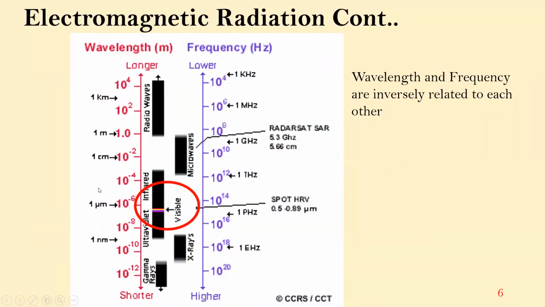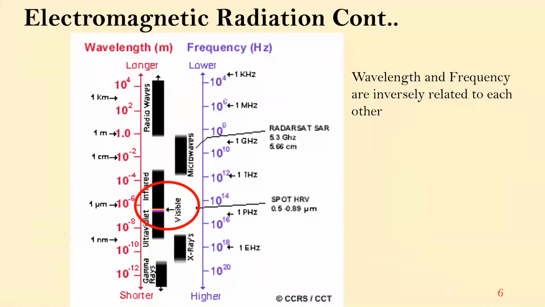In this electromagnetic spectrum, the visible portion is the only portion which can be seen by the human eye. That is the reason it's named visible. There are other wavelengths that can be detected by remote sensing systems.